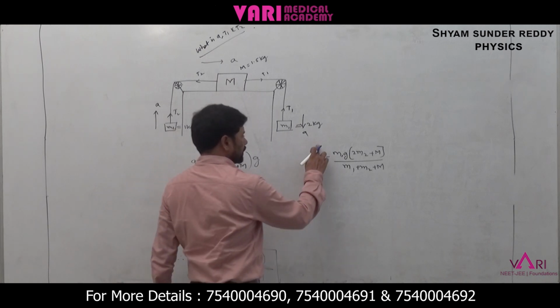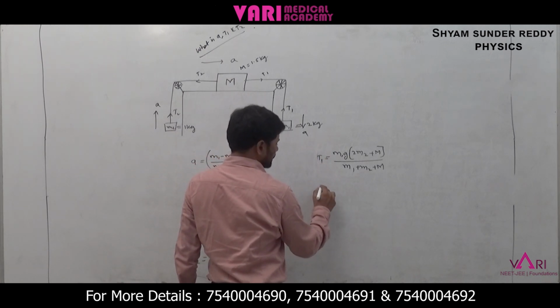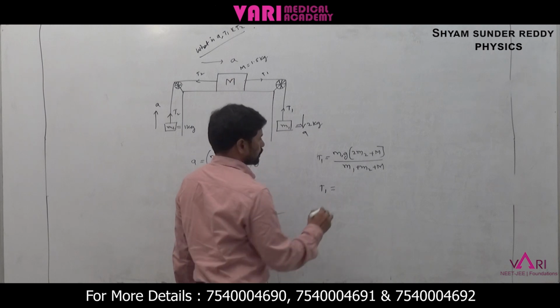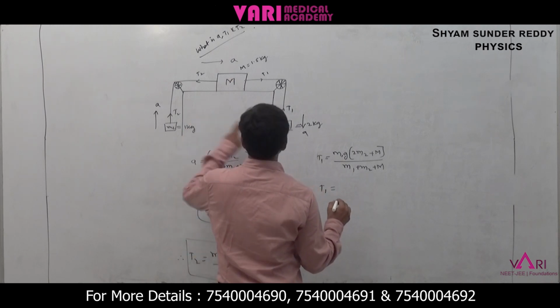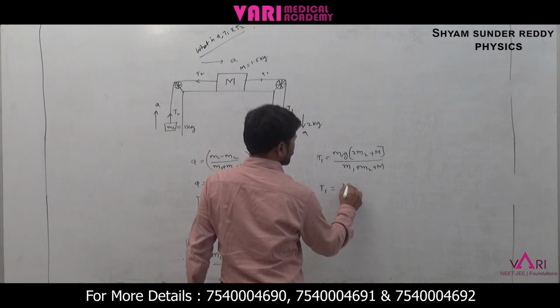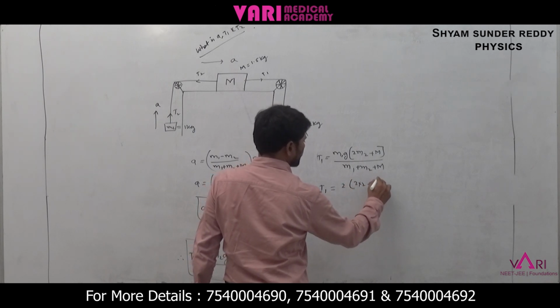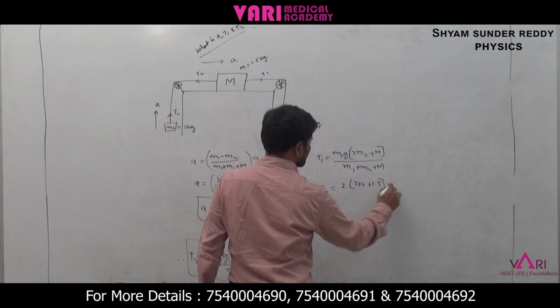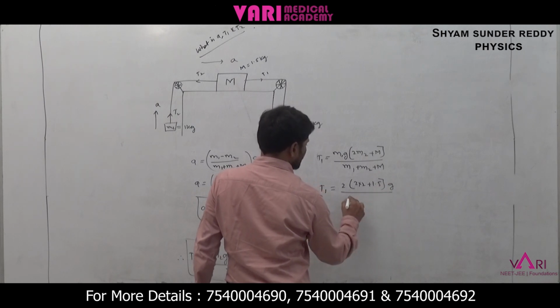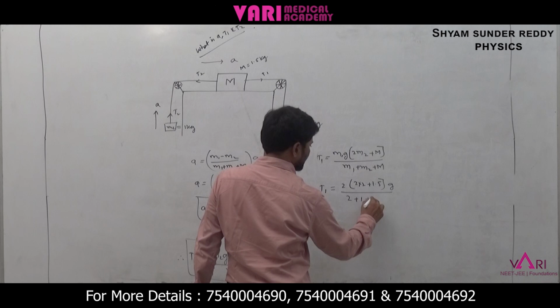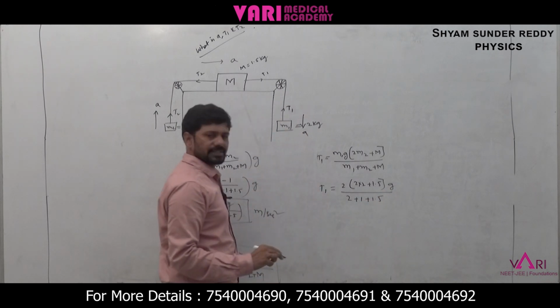Okay, so here T1 is equal to M1, which is 2, into (2 plus 1.5) into G by (2 plus 1 plus 1.5) kgs.